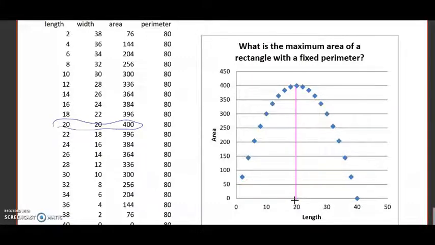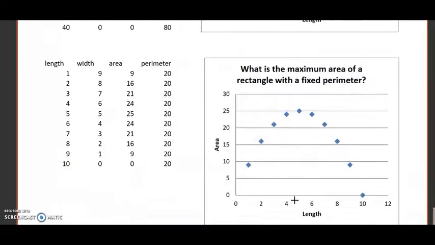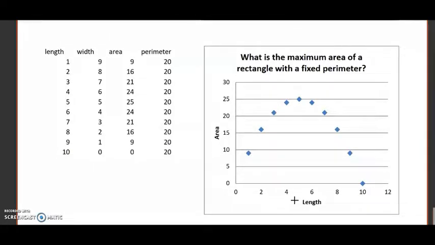Isn't that the vertex? And if I restrict the perimeter to 20, the vertex is at 5.